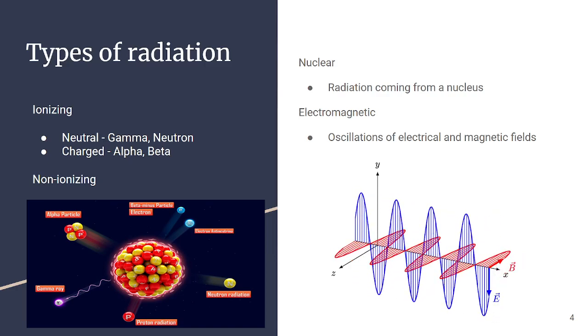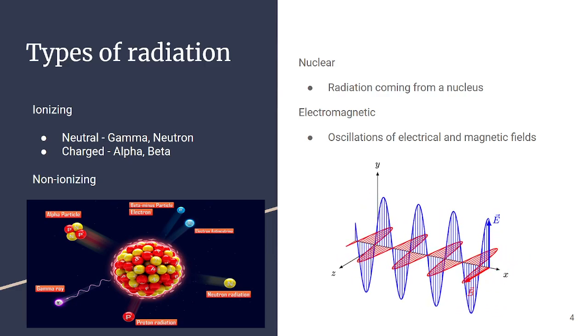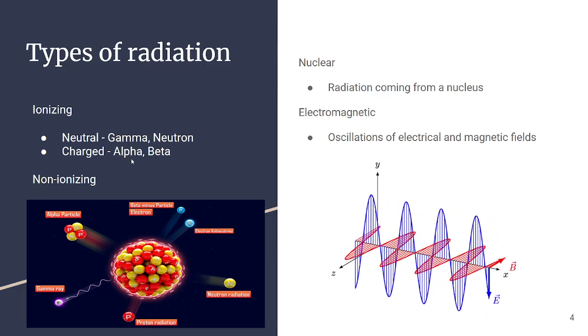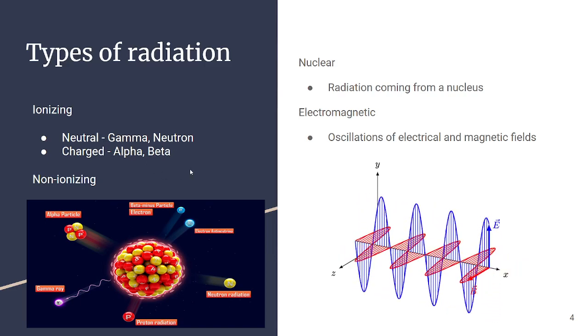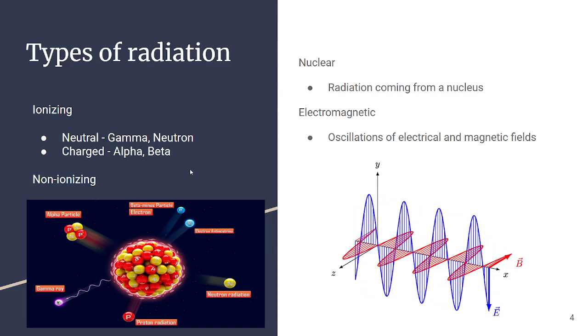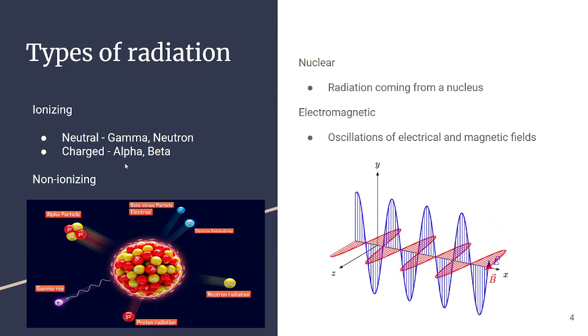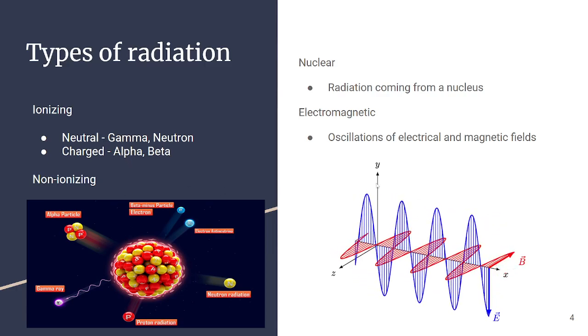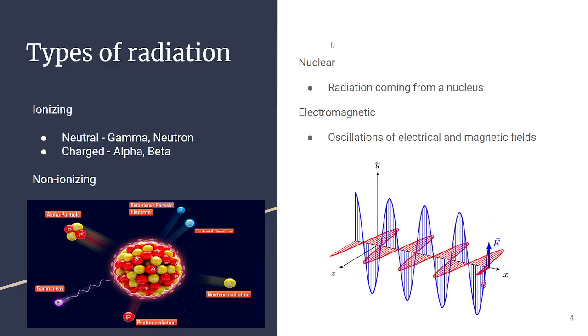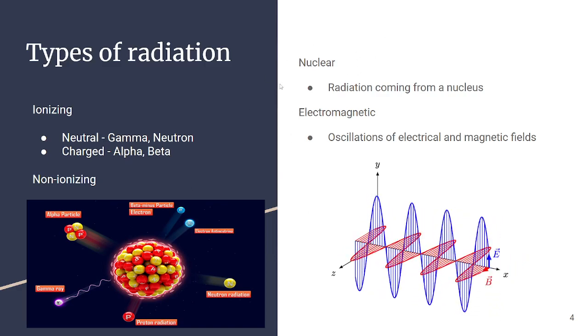But there's also charged ionizing radiation, which is like alpha, beta, and we know that electrons are going to be negatively charged, and alpha is going to be positively. We'll get to that a little more later, but it's just a little introductory. Just electromagnetic, nuclear. Like I said, mostly focusing on nuclear here.